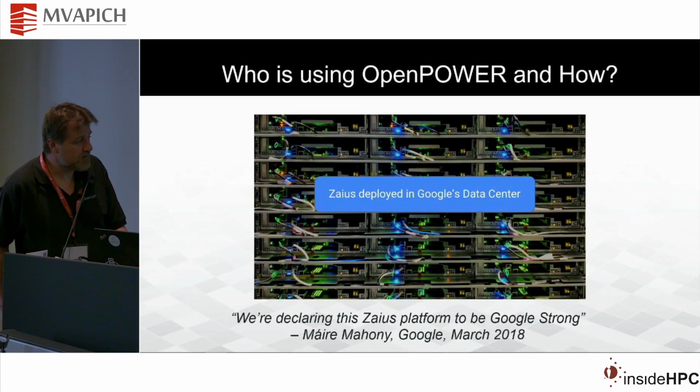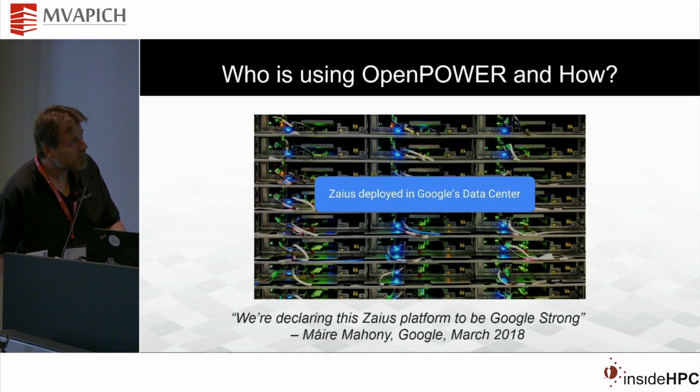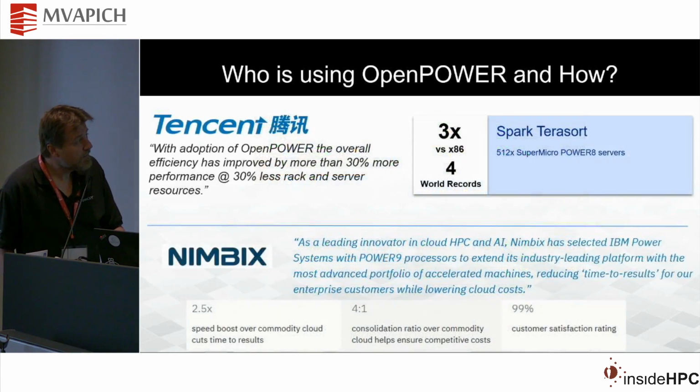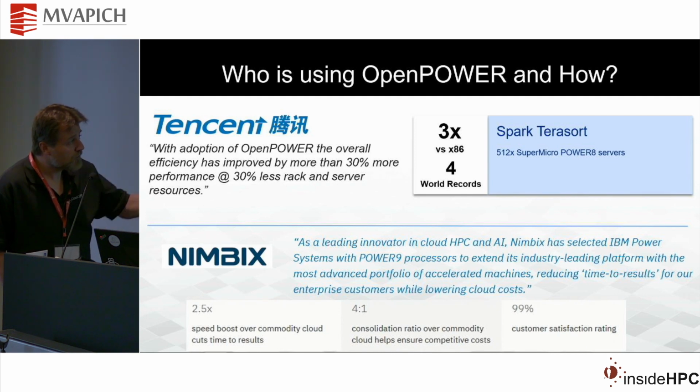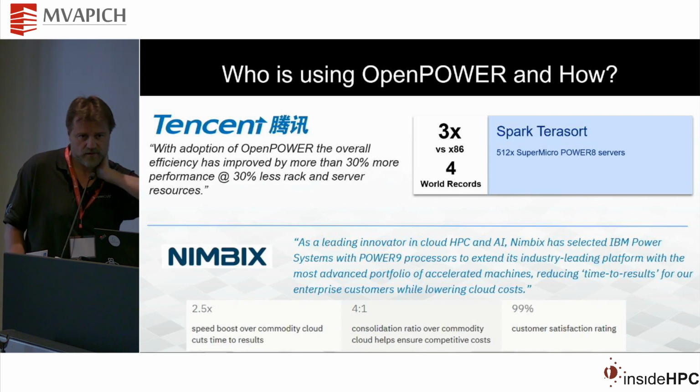This is the user implementation from Google last year. We see that they chose this organization. They have put some companies who made some statement that they were very happy. I would mention Nimbix because we'll see in OpenCAPI that we have a very good contribution, not only on OpenCAPI, but Nimbix is a cloud provider.